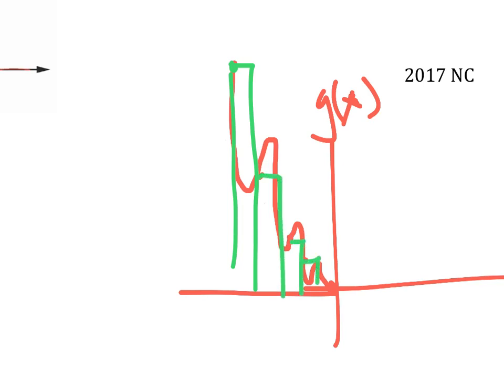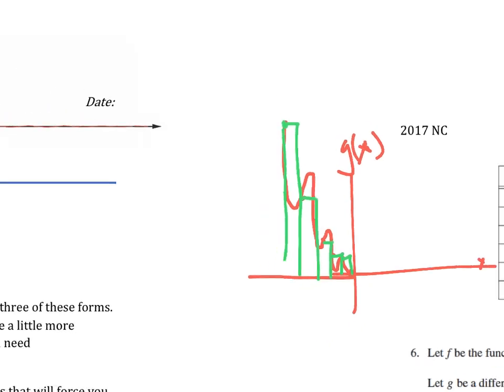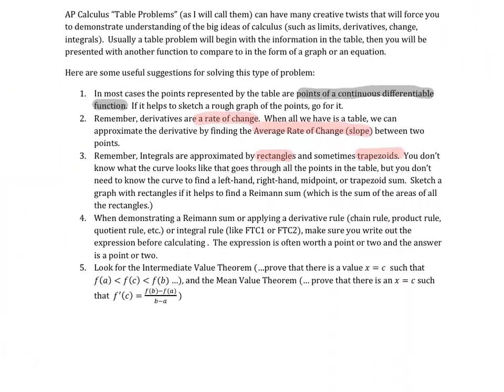If it helps, draw them out. We don't need to know what happens to the squiggly red curve, the actual curve of what g of x really is. It might do this funny thing, it might not, but going through these points is enough to allow us to make some rectangles for integrals.